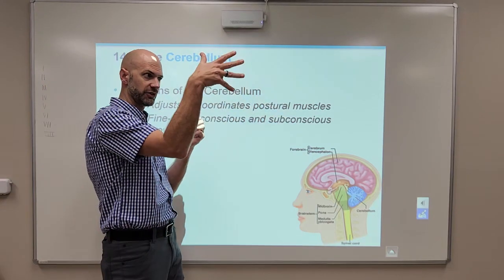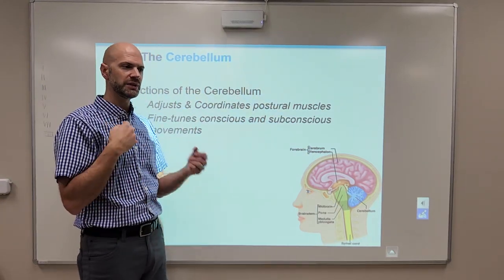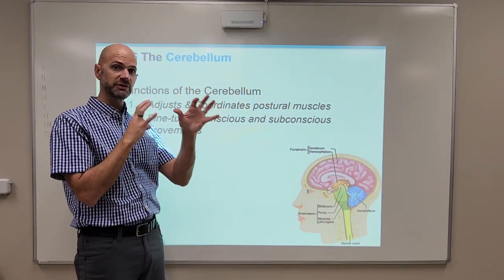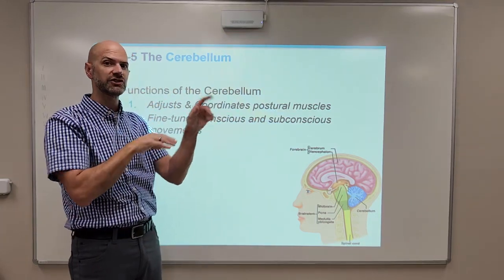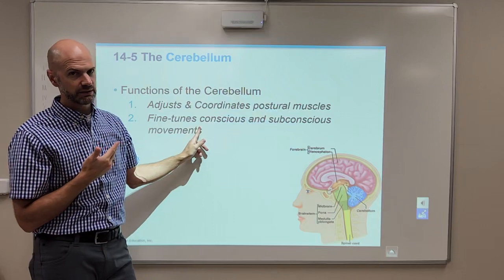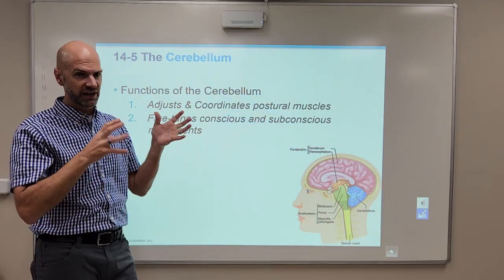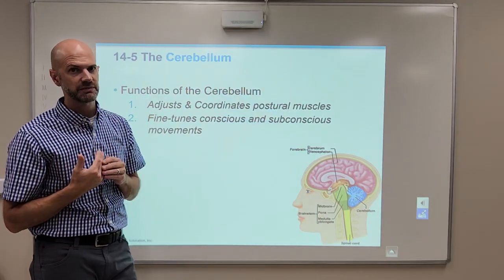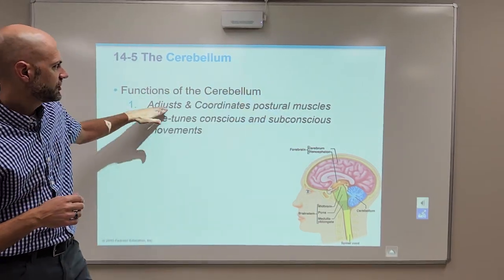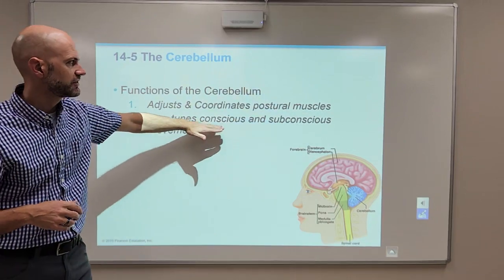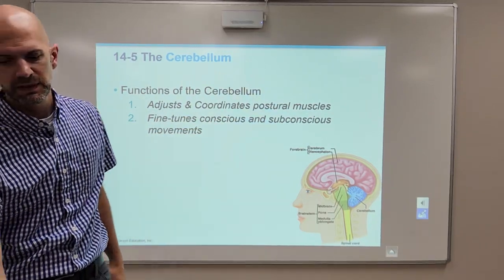That's coordination of things like throwing a ball or walking or doing any sequence of muscular events, and getting them to work in a nice smooth fashion. That's what the cerebellum does. It fine-tunes motor movement and also motor reflexes, adjusts and coordinates postural muscles, and fine-tunes conscious and subconscious movements.